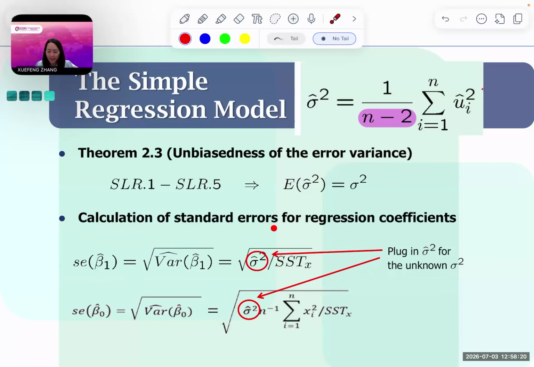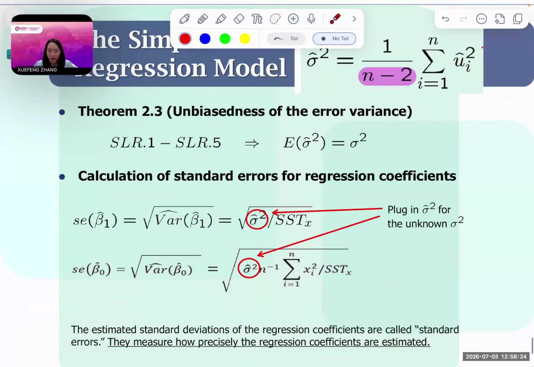Next one, standard errors, okay? Calculation of standard errors for regression coefficients. We have the variance of beta 1 hat, but sigma square is unknown. Sigma square is unknown.